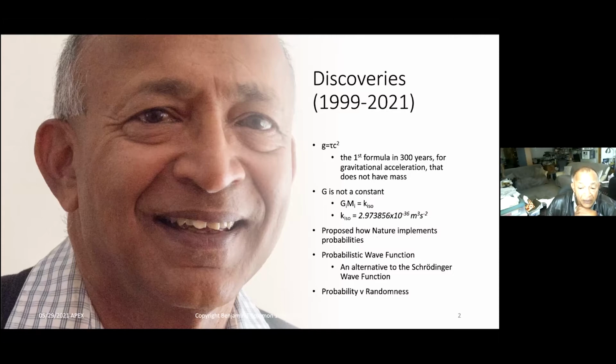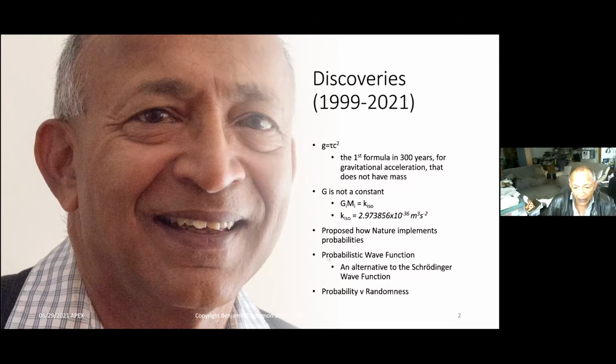How nature implements probabilities is not a question that quantum theory asks, or any other theory for that matter, but it's important to know that, because then we'll know how to manage probabilities. If we're going to do interstellar propulsion, that's the only way it's going to be done. Any form of gravity modification is still limited by the Lorentz-Fitzgerald transformation and Newtonian gravitational transformation.